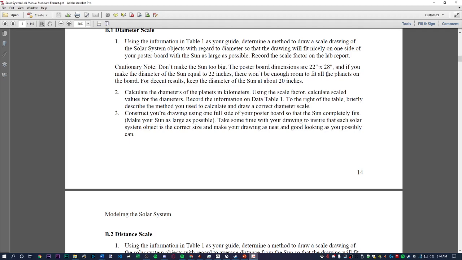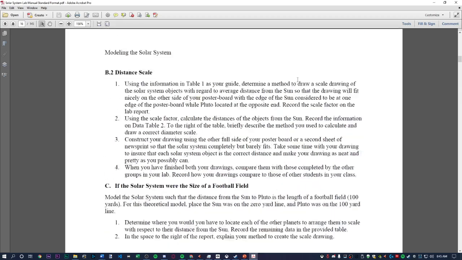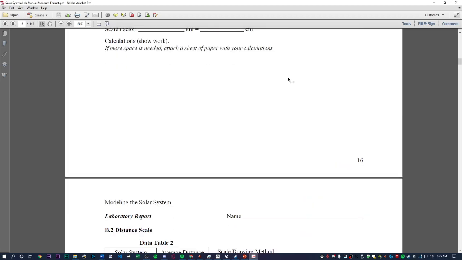So 28 being the long part of the poster board, you're going to have to scale all of these planets between 0 and 28 inches. So you're going to have to convert inches into centimeters here, because we like centimeters in science.